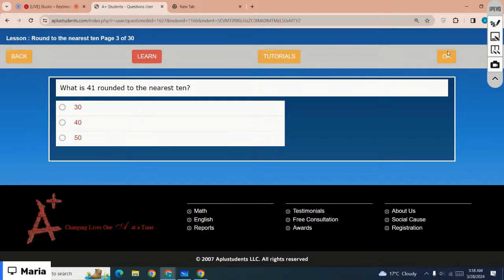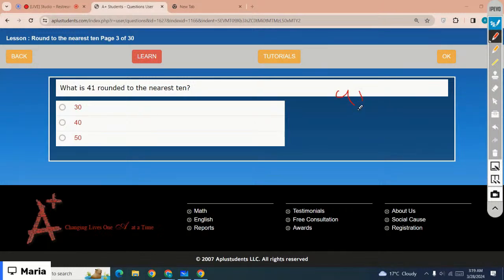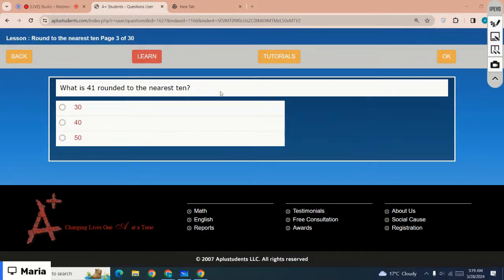Let's see how. 41, right? This is the digit that is at the 10th position. On the right hand side, you have 1. You need to compare 1 to 5, right? 1 is less than 5. So 4 stays exactly the same. You just need to replace this with 0. So it is rounded off to 40. 41 is rounded to 40. The correct option is 40.